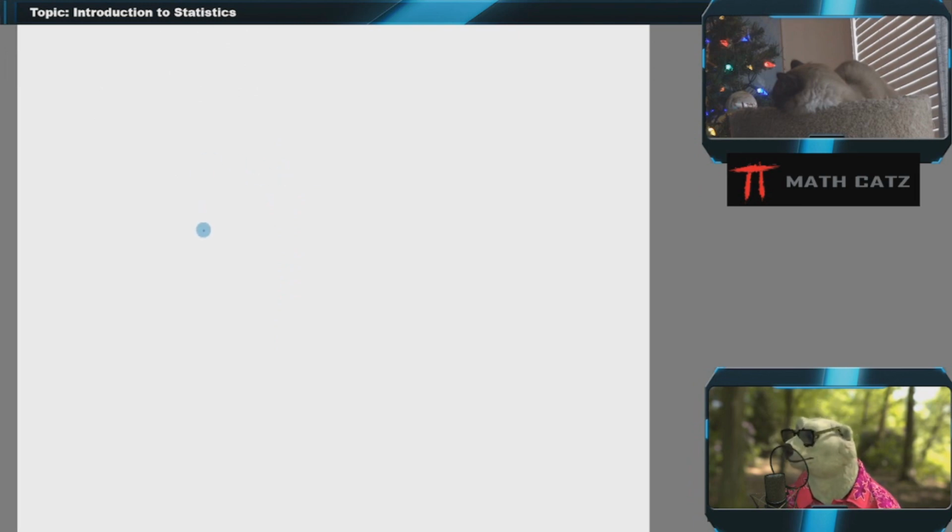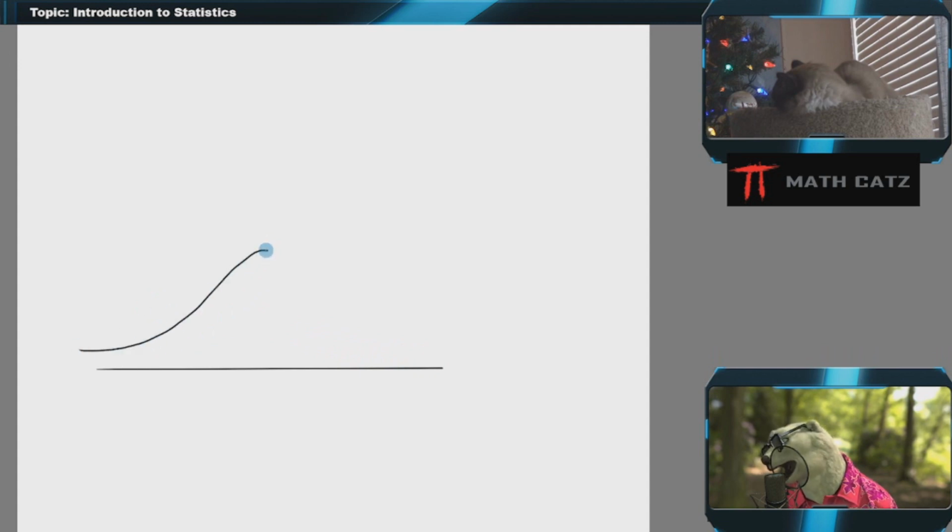So we have our essentially null hypothesis. The distribution is a normal distribution. It's going to be a little wobbly here, but we have our bell curve, somewhat symmetrical here.